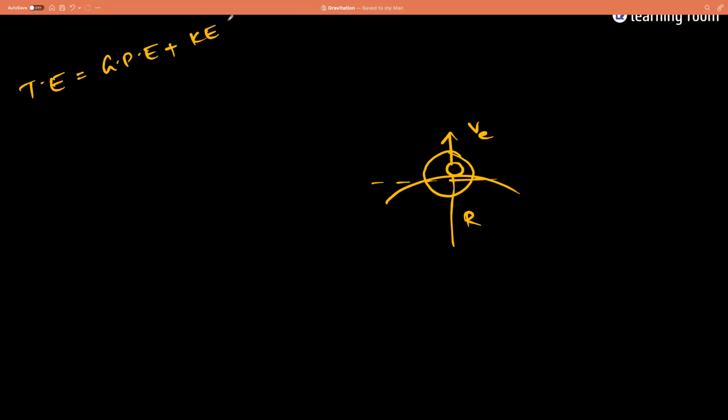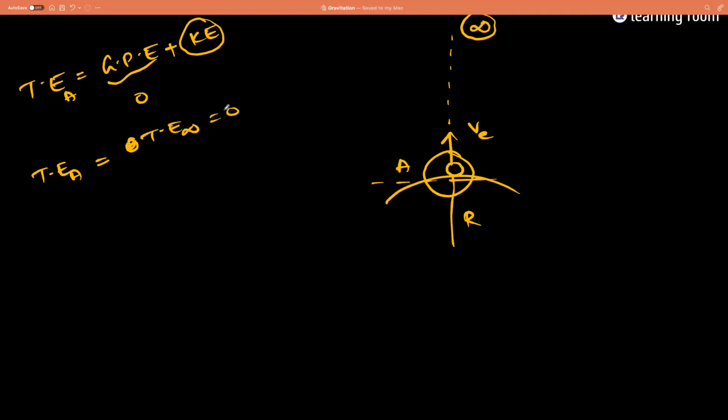So I'm just explaining another way. So total energy at point A, when I say the object is given escape velocity, where is it going to? It is traveling to infinity. Right? So at infinity, you have no data related to the kinetic energy, and gravitational potential energy is going to be 0. So the total energy at point A should be equal to the total energy at infinity, which is going to be 0.